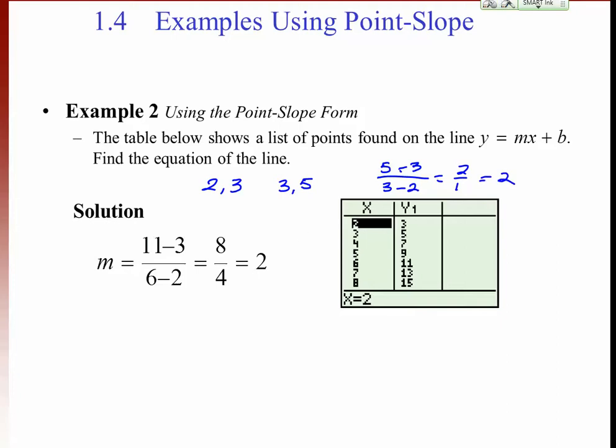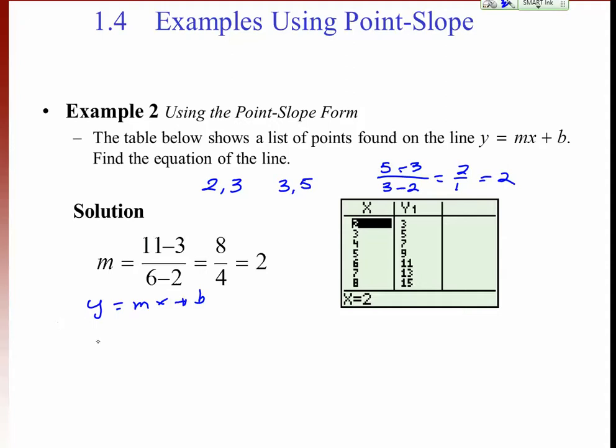So after we find the slope, then we can do what we just did before, right? We use the y equals mx plus b form of it. We know an x and a y that work there. There are several of them here, so I'm going to do the first one.